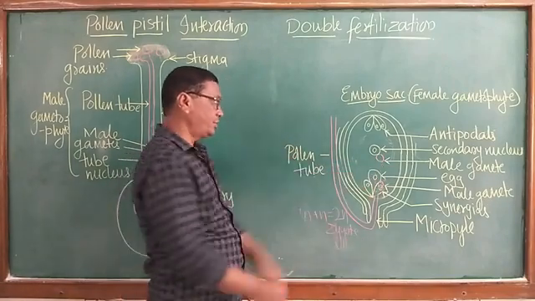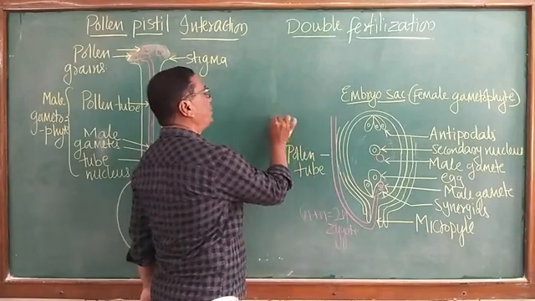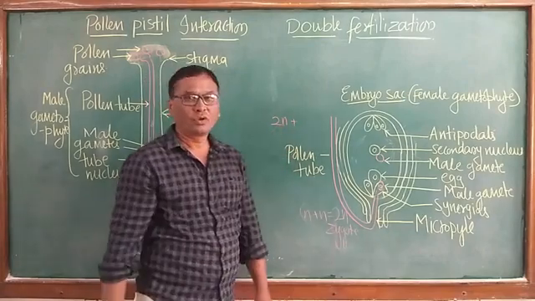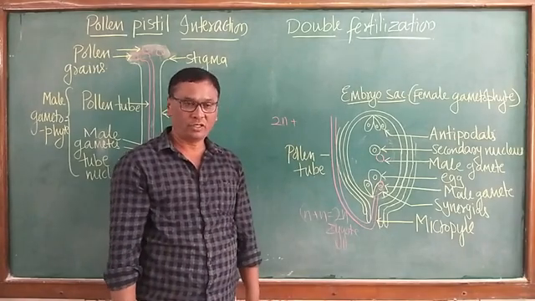Another male gamete unites with the secondary nucleus. The secondary nucleus is diploid. Why do we say the secondary nucleus is diploid?